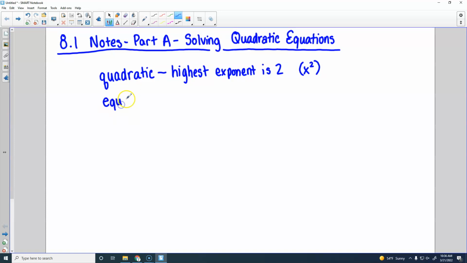We've done equations a lot. What is an equation? What makes something an equation? An equal sign, right? It's an expression with an equal sign.